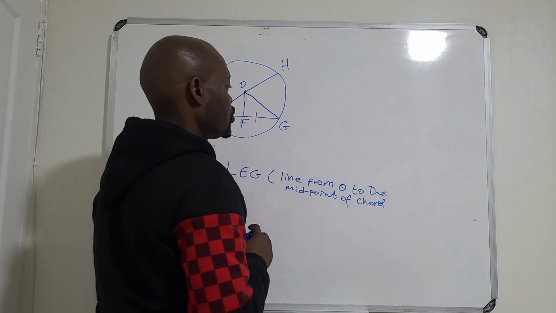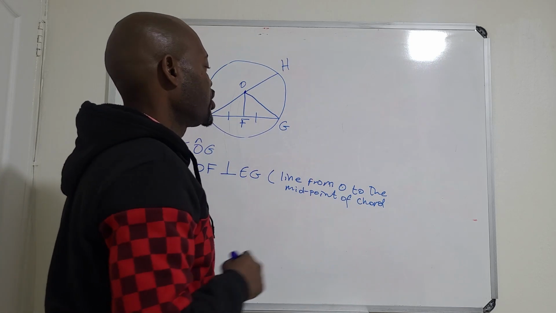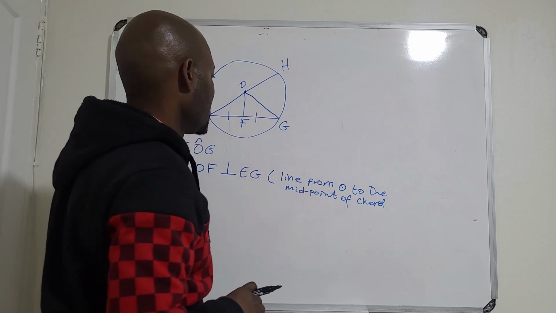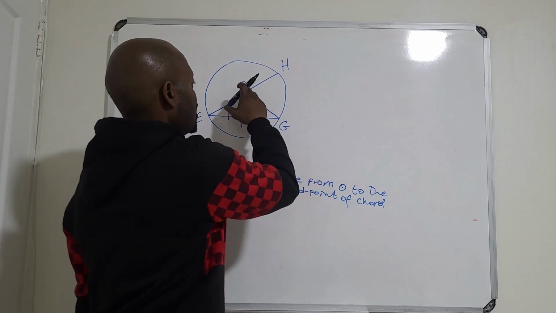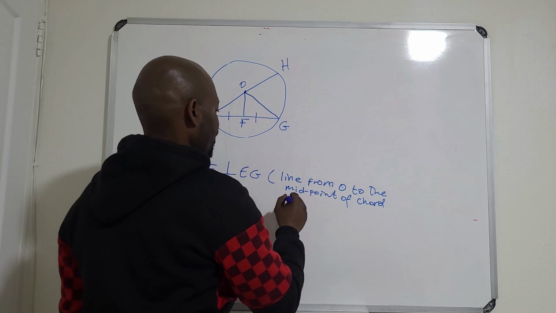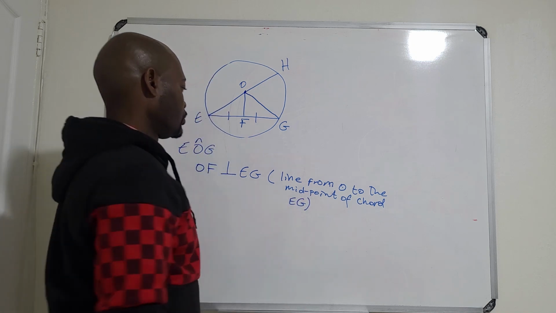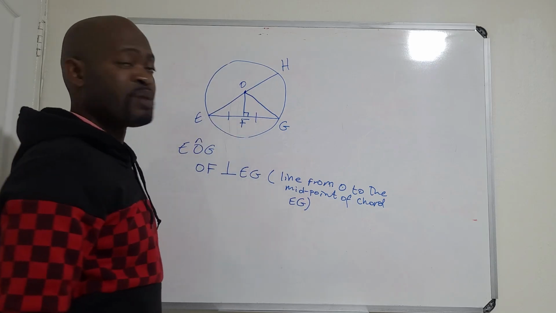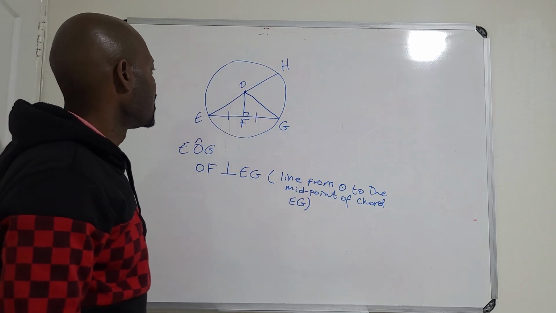I want us to get used to saying which chord we are talking about, because there will be many chords the next time we're doing this. So line from center to the midpoint of chord EG.